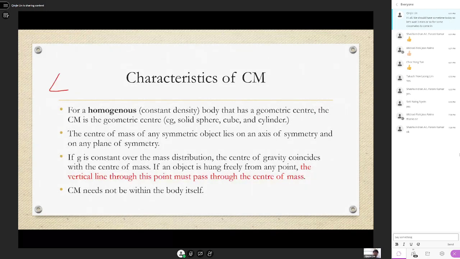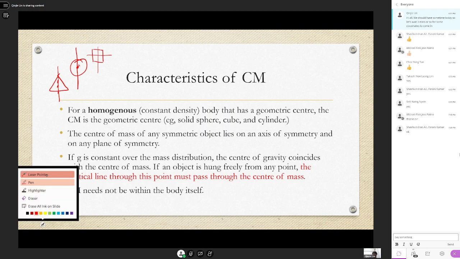So if we have an equilateral triangle, the CM will lie along this line. Somewhere along this line will be the CM. If you have a circle, somewhere along the middle, of course you know it's in the middle. If we have a square, somewhere along the symmetry. So that's what that point is talking about.